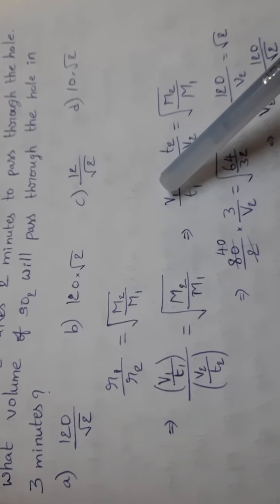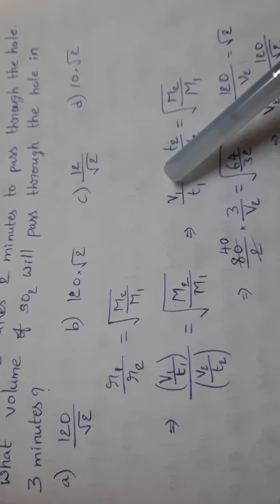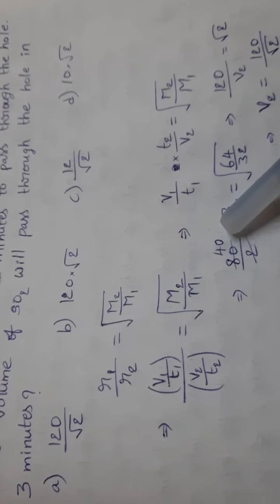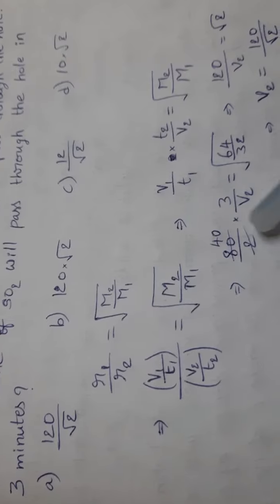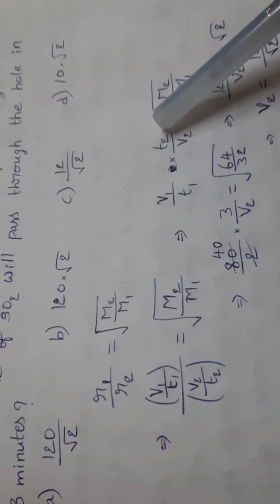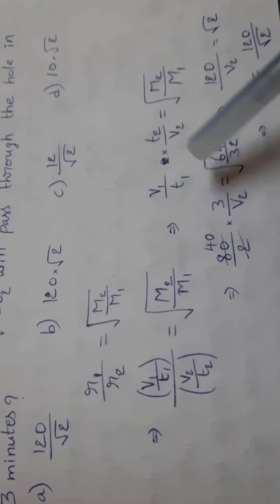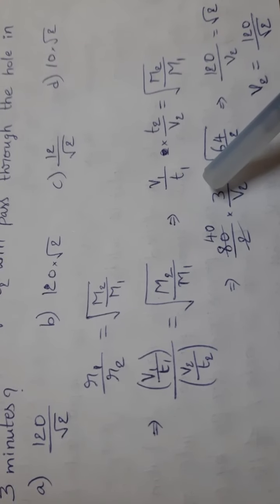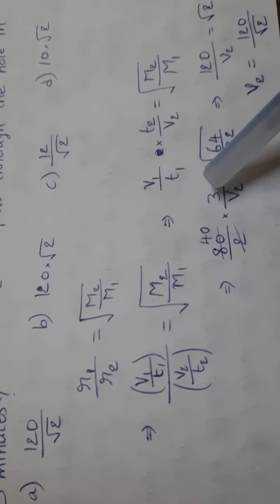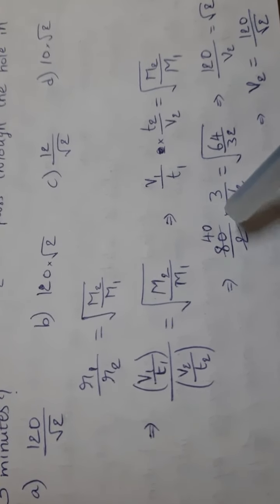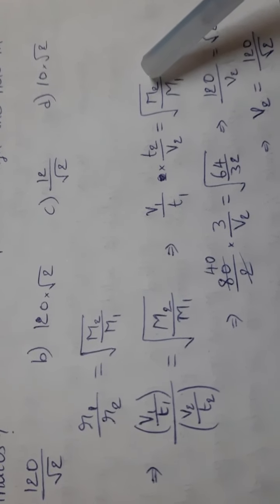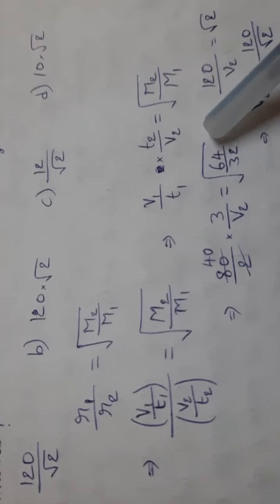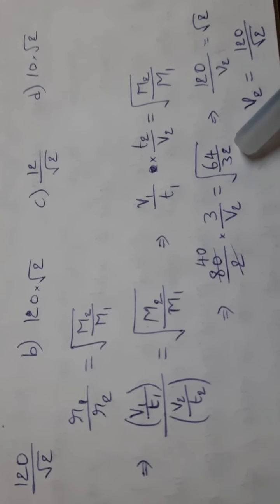Here V1 means volume related to O2, that is 80. It is given. T1 means time, 2 minutes. So 80 by 2 into T2, time related to second gas SO2, in the data it is given 3 minutes. So 80 by 2 into 3 by V2 equal to square root of M2 by M1, where M2 means molar mass of SO2, 64, and M1 molar mass of O2, 32.